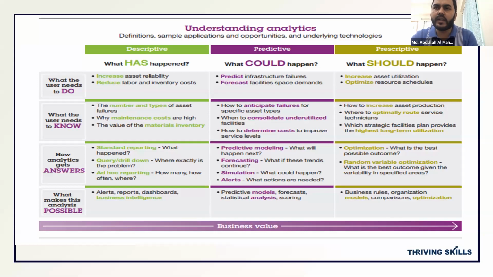And we are using some tools to do so, that is regression analysis. We can do forecasting, or there are some other tools. In data science, we use data mining, text mining, web mining, lots of tools. But predictive means we are predicting what's going to happen in future.